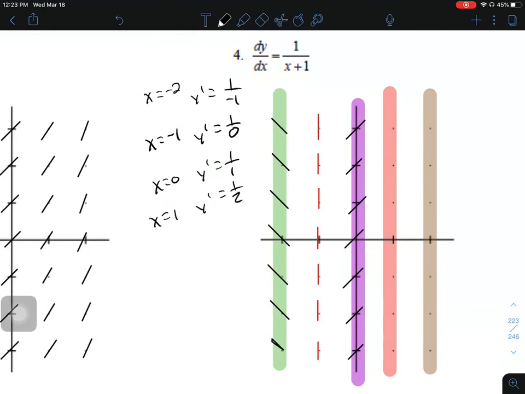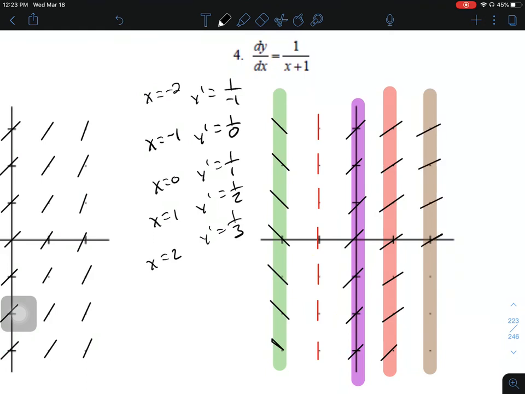That's a half, so this is starting to flatten out some. And then when x is 2, y prime is going to be 1 over 2 plus 1. That's 1/3. Flatter still.